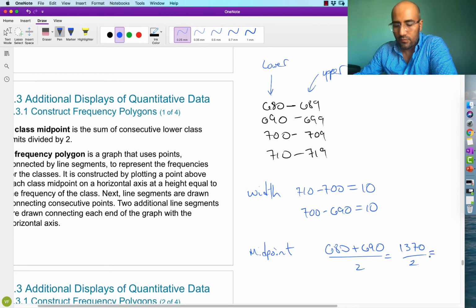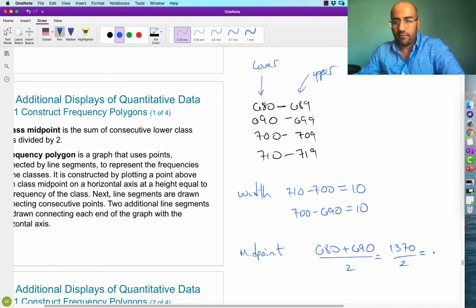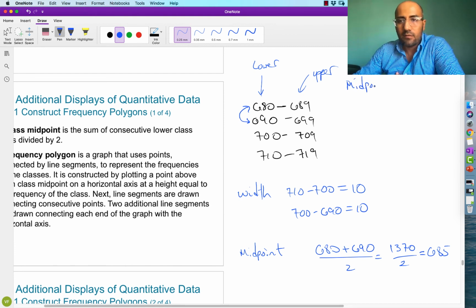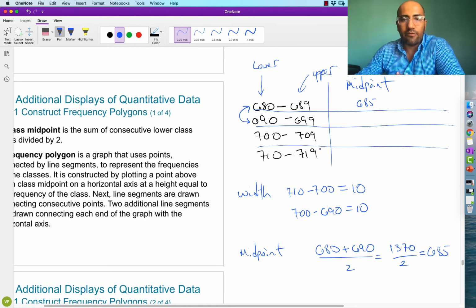Divide that by 2 gets us to 685. So the class midpoint of this first one is going to be 685. Right? Class midpoint between these two. So I grabbed these two, and then that would make it the class midpoint here. So the midpoint is going to be different for each class. And so 685 is the class midpoint for the first category.